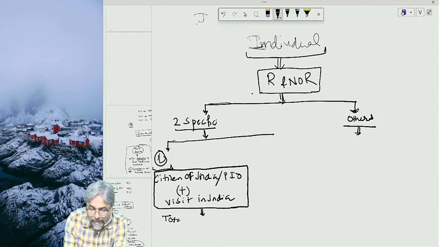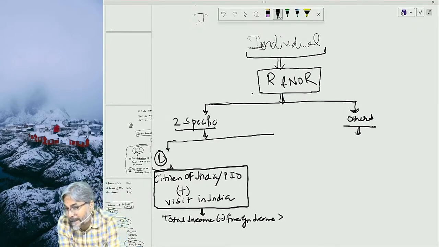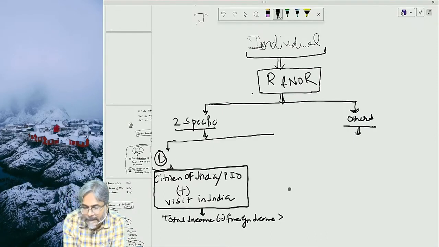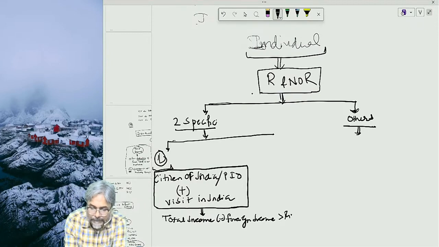The total income minus the foreign income is greater than or equal to 50 lakhs, or greater than 50. That's exactly what I was talking about, no?